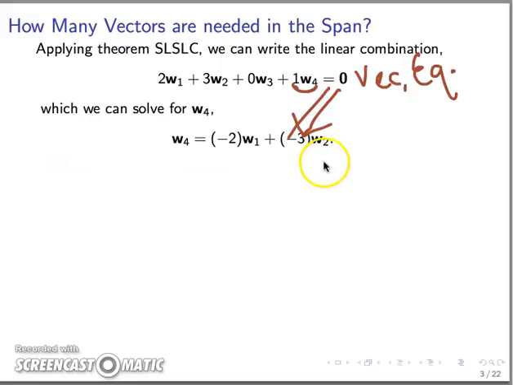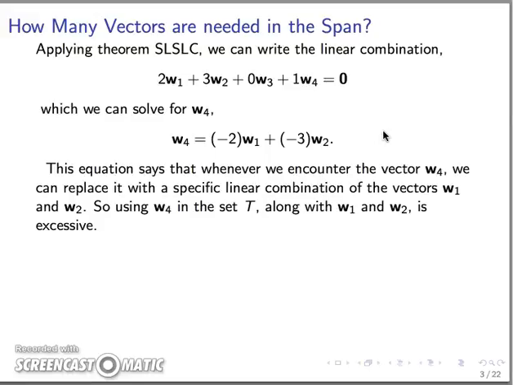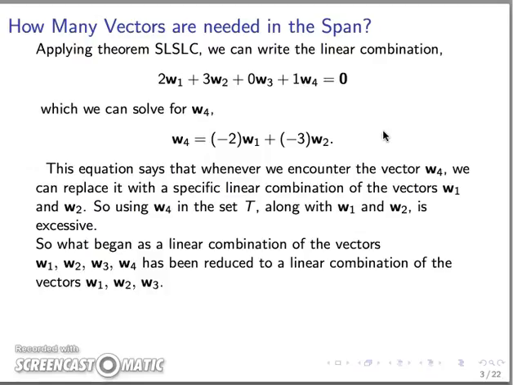That tells us that from the original set of four vectors, it's possible to express one of those vectors in terms of a smaller subset of this original set. If you're thinking dependent variables, that is a good way of thinking here. This equation says that whenever we encounter vector W4, we can replace it with a specific linear combination of W1 and W2. So there is then a sense of redundancy.